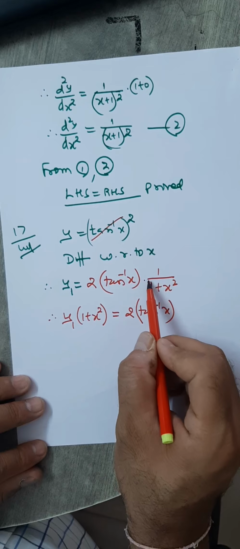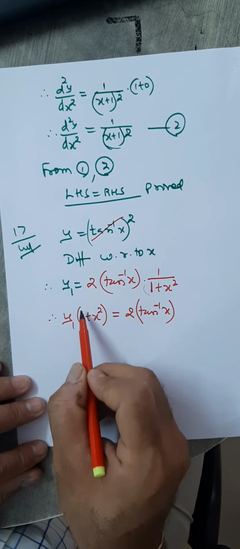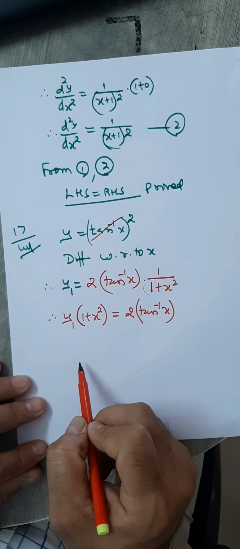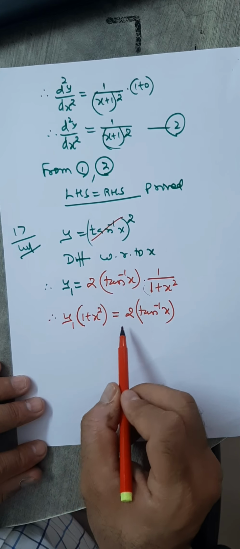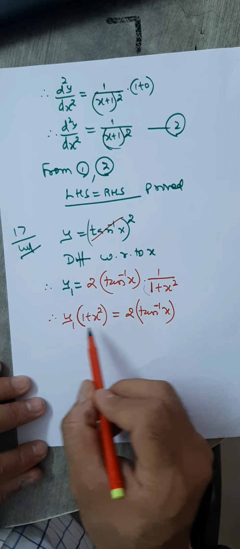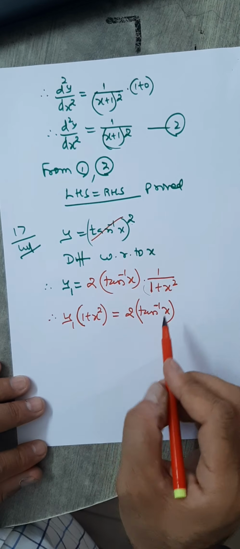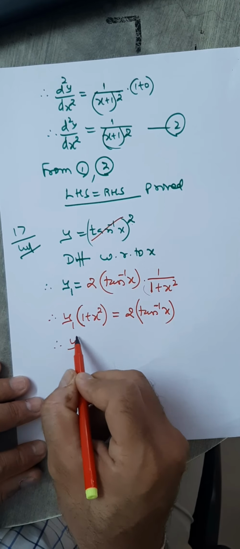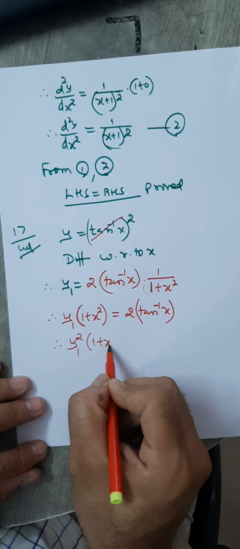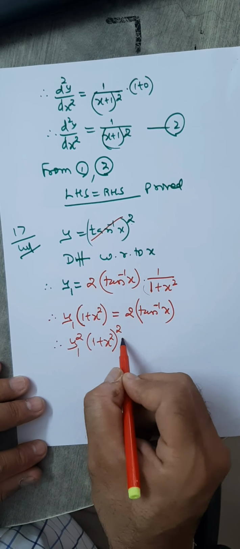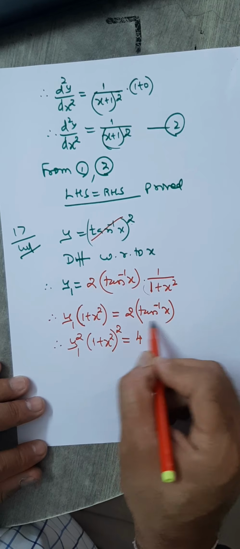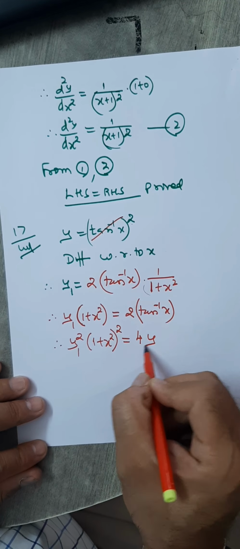So what I did, I took this expression on the left hand side. Now this is also a very standard technique. Before I differentiate, I should convert this in the form of y. So I need a square, so I'll square this.